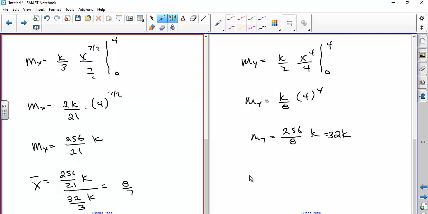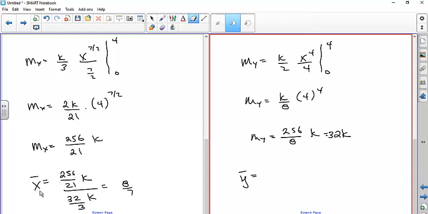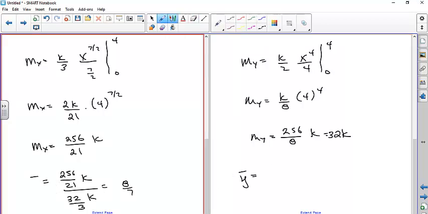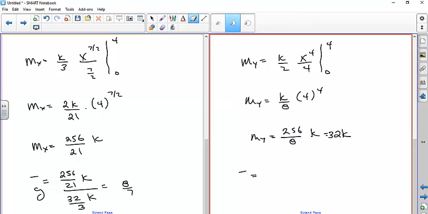So my y coordinate, am I doing the right way or am I doing the wrong way? That's actually y, because y is m sub x over m, and so the other one, x bar here, is this one.